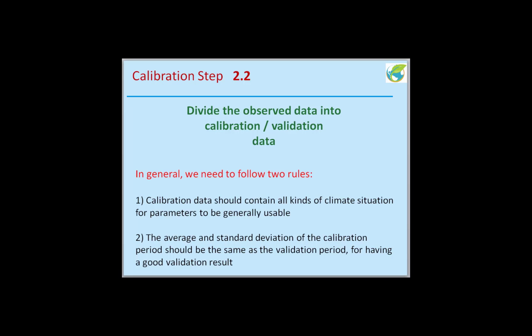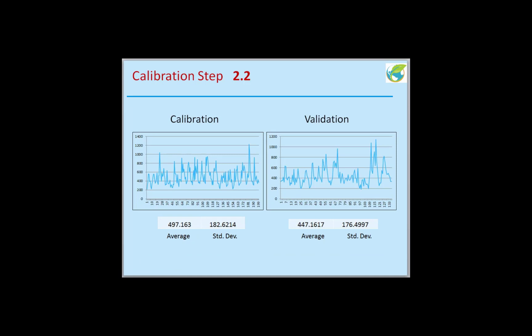That means, again, do not calibrate for wet years and then try to validate for dry years. To achieve this, you need to play a little bit with the cutoff point of calibration and validation. So here is an example where I have calibration data, the average and the standard deviation, and the validation data, also the average and the standard deviation, which are more or less similar.